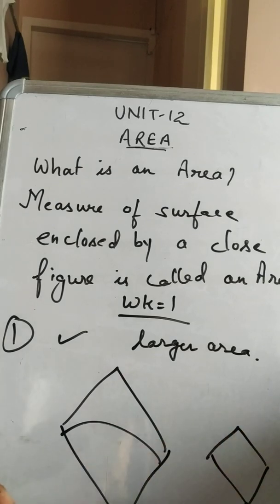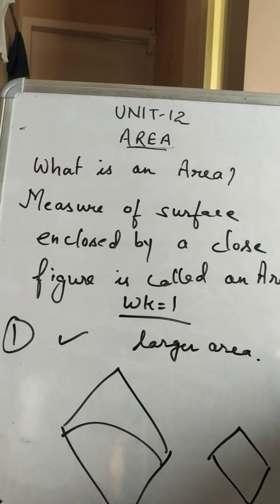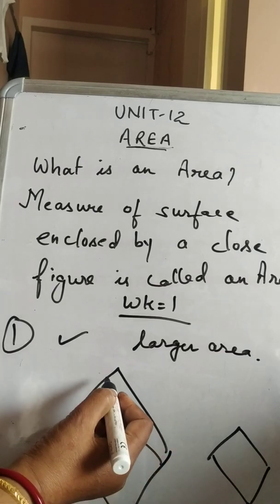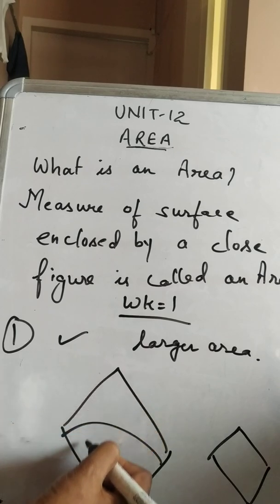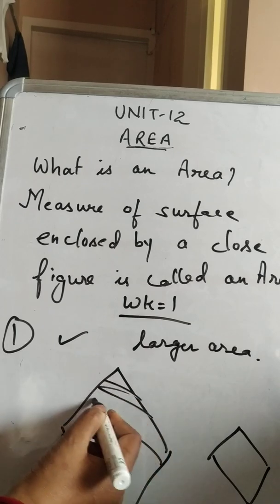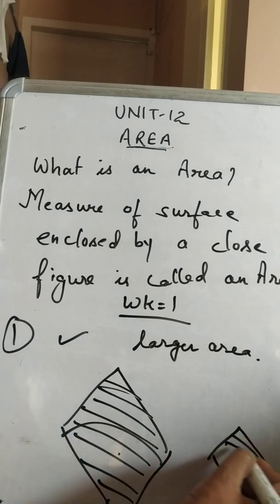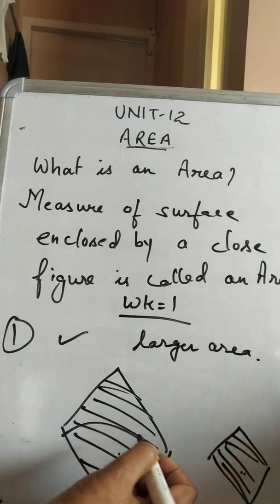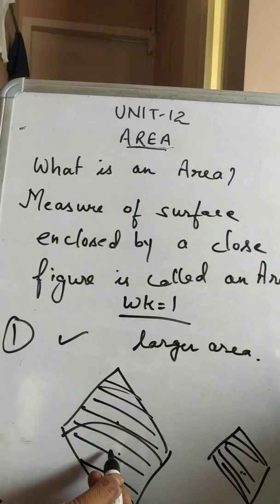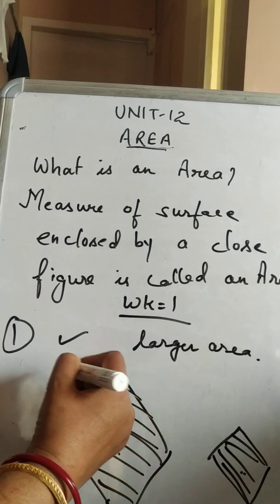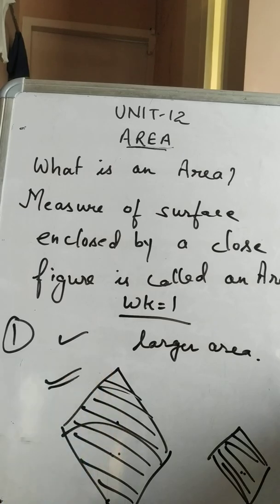Here you see that this picture is covering much more surface. The surface inside this figure is this, and the surface inside this one is small. So which occupies the larger area? This kite occupies the larger area.